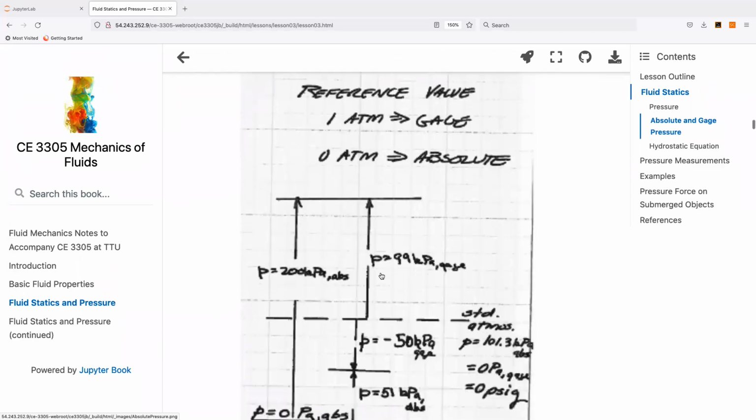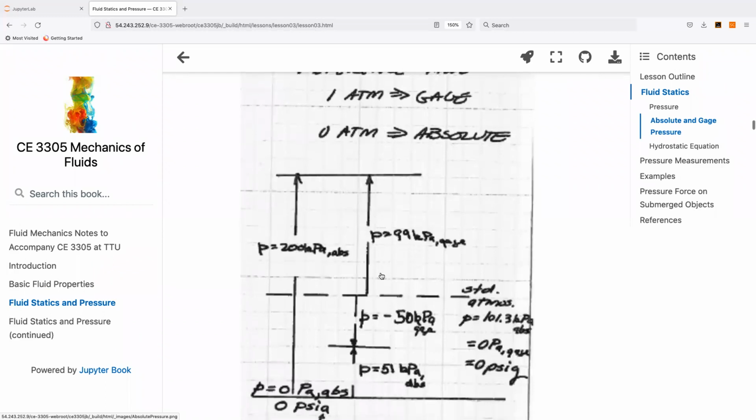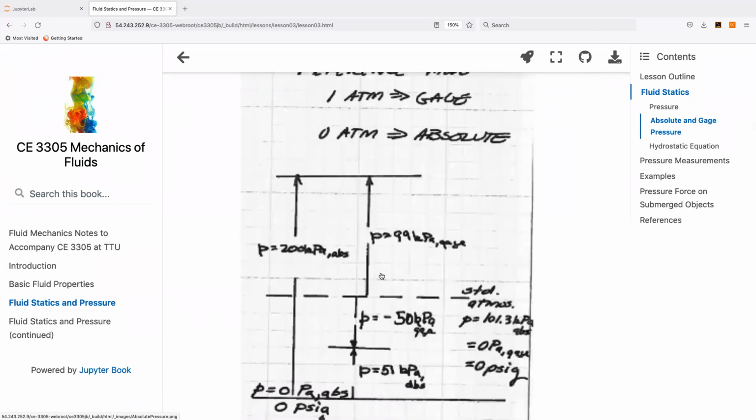So here is a cartoon to try to indicate those various references. Here's our zero absolute. If we measured a pressure and reported it as 0 pascals absolute, or 0 psi, pounds per square inch absolute, that's how you report an absolute pressure.